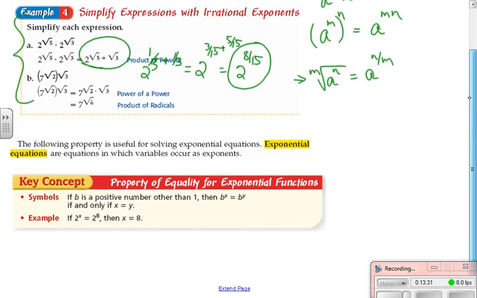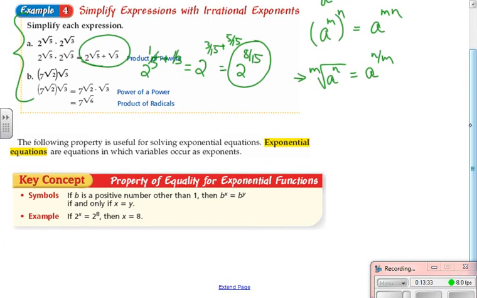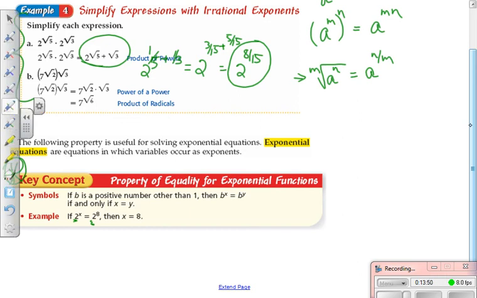Well, not everything has the same base, but we are going to learn how to start solving equations that have variables in the exponent position. So the first thing we're going to think about is these rules. If the bases are the same, it makes perfect common sense that the exponents have to be the same. And so we could write a very simple equation to make that happen. So tune into part 2 for the rest of the lesson.